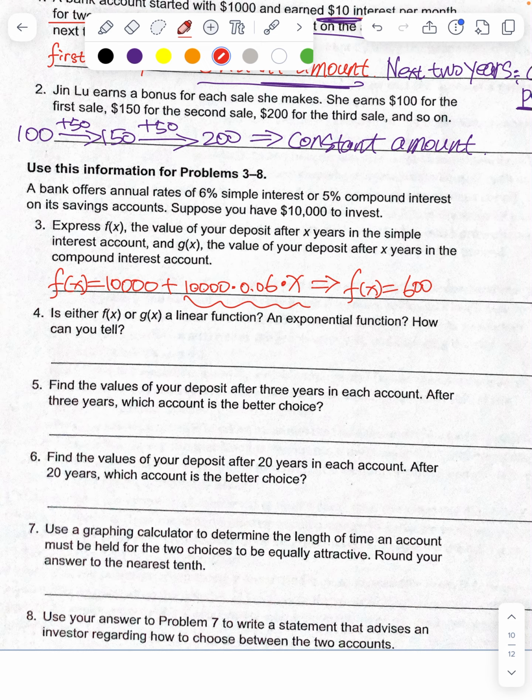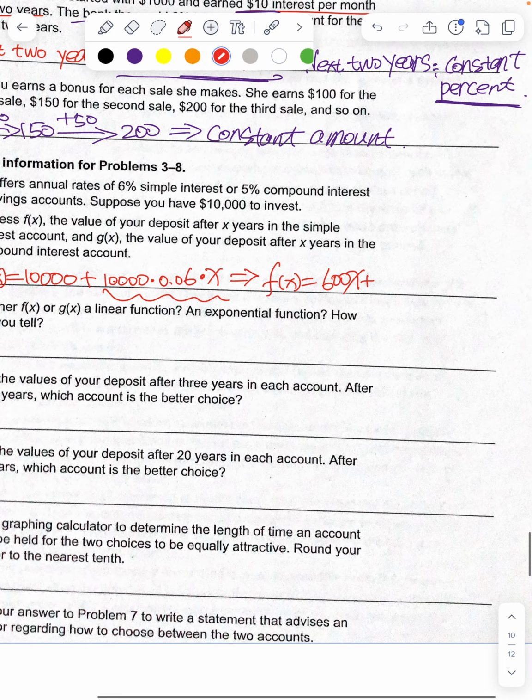Each year, you make 600 in interest, times x years, and then add your principal, 10,000. So that is for the simple interest.